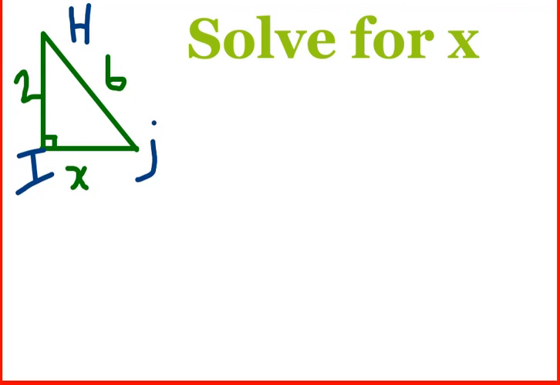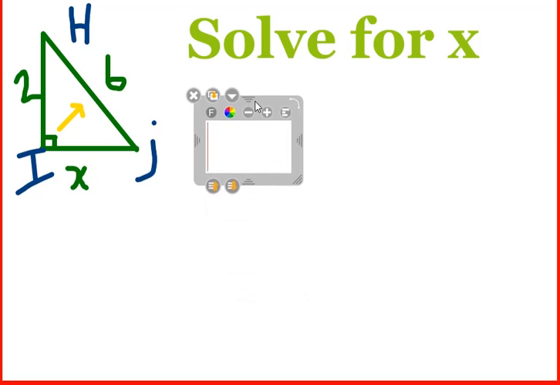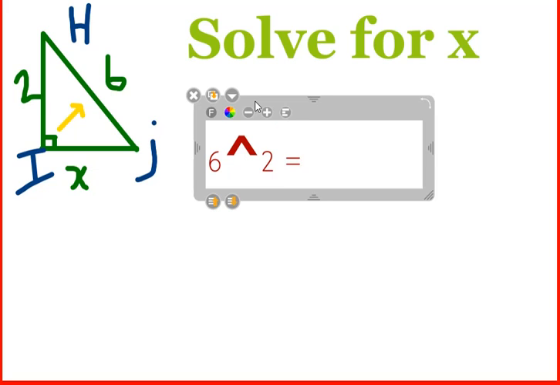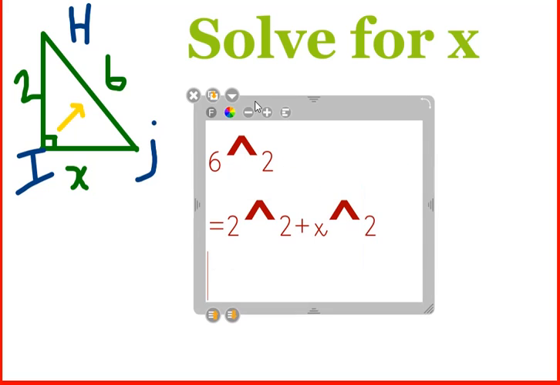In our next question, we are also asked to solve for x. In this case, as we can see, our hypotenuse is the side that is opposite our 90 degree angle, and we are already given it, which is 6. So let's write our formula and then we'll take it from there. Our formula says the hypotenuse, which is 6 in this case, so 6 squared is equal to 2 squared, any of the sides first, plus x squared, because addition always gives us the same answer.